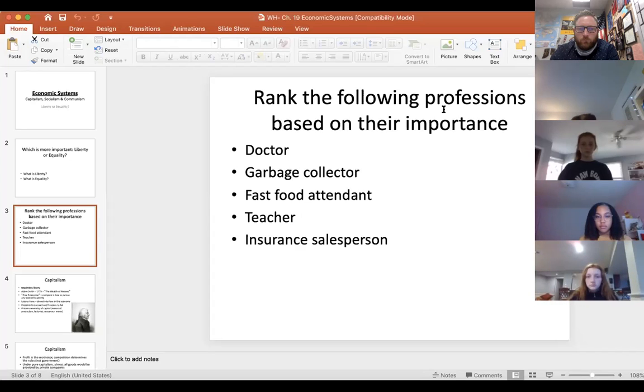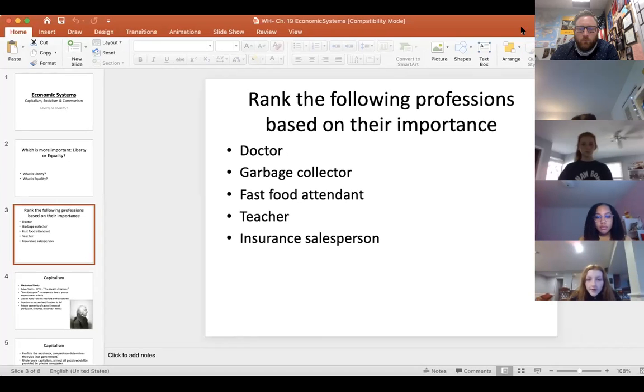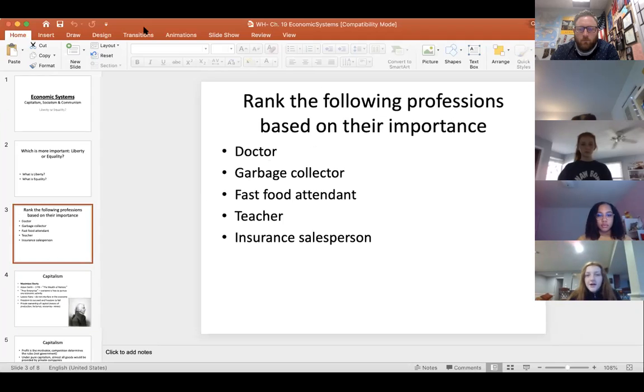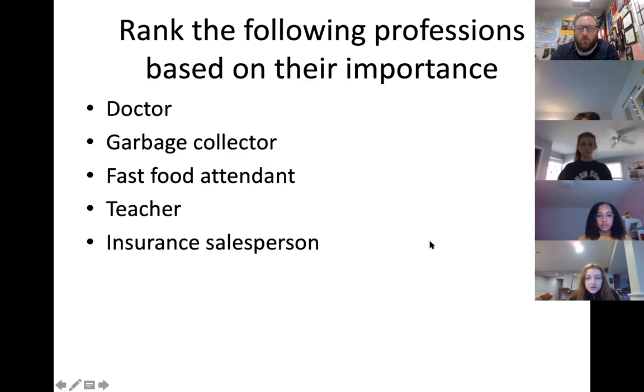Here we go. So I want everybody to vote. The doctor, the garbage collector, the fast food attendant, the teacher, or the insurance salesperson.